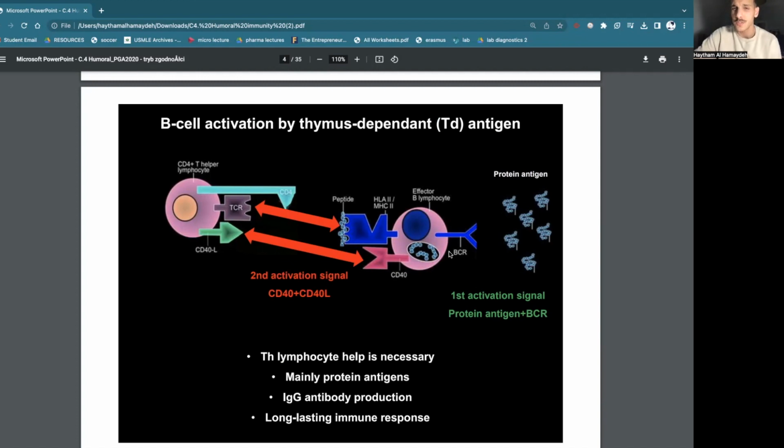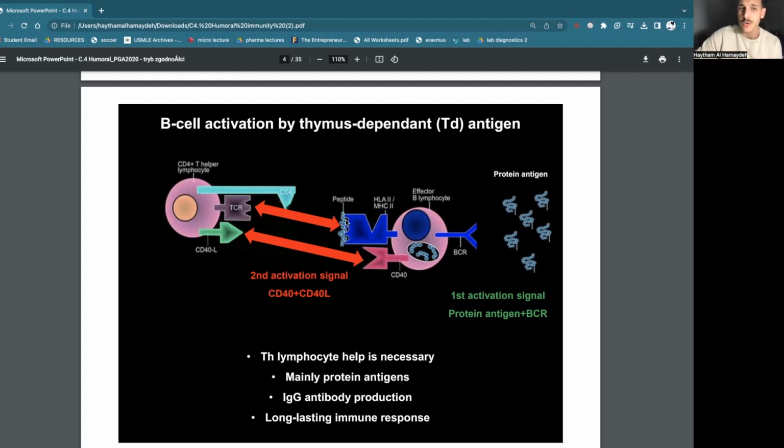That's the first signal needed in the thymus-dependent activation of a B cell. As soon as this protein antigen binds to a BCR, it is phagocytosed inside and broken down into smaller fragments, and then presented on its own MHC2 molecule, which is used in its further activation with the help of the T cell that we're going to talk about right now.